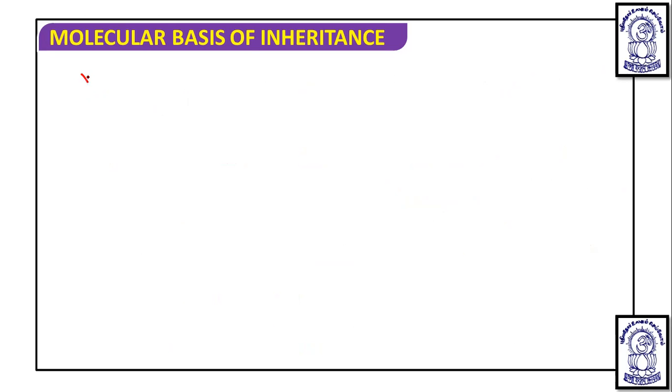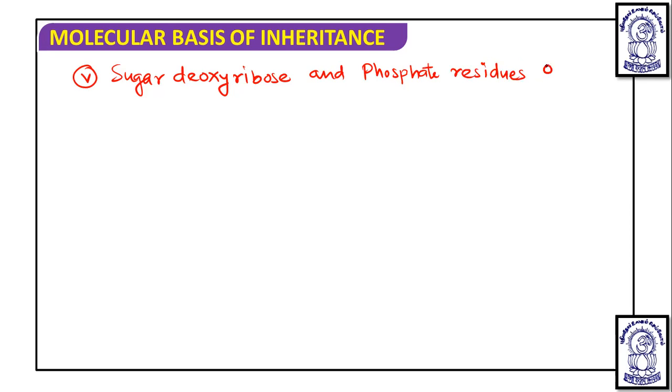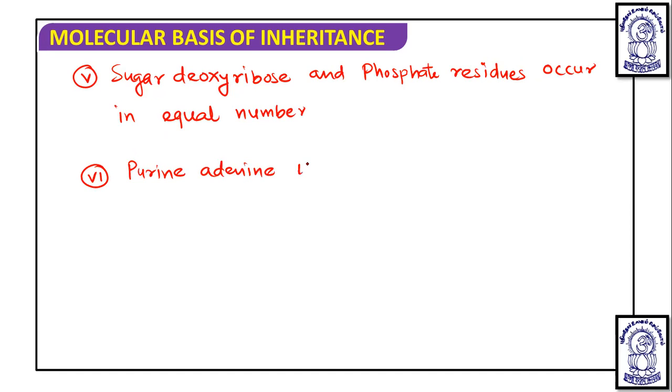And in the next thing, Erwin Chargaff shows that sugar deoxyribose and phosphate residues occur in equal number, whereas the purine adenine is equimolar, meaning equal concentration, with pyrimidine thymine.